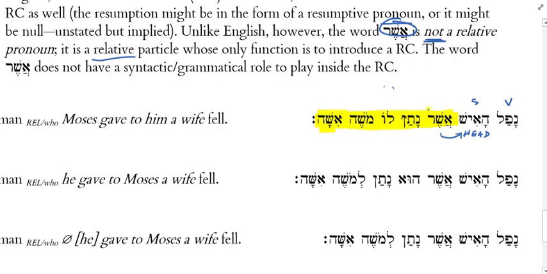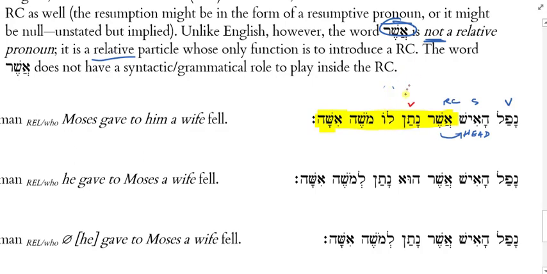So notice that in the yellow, this relative clause here has its own verb. What's the verb of the relative clause? Gave, natan, right? So we'll put V for that. We'll make a different color. What is the role of lo? Lamed plus 3ms pronoun. Lo means to him.